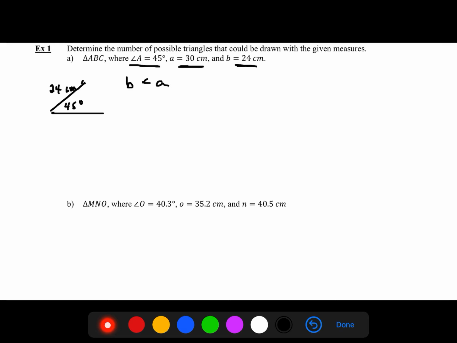Now, we see that comparing sides A and B, B is less than A. So since B is less than A, we know that there's going to be one solution.